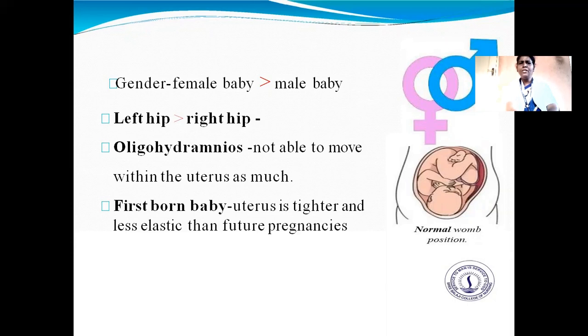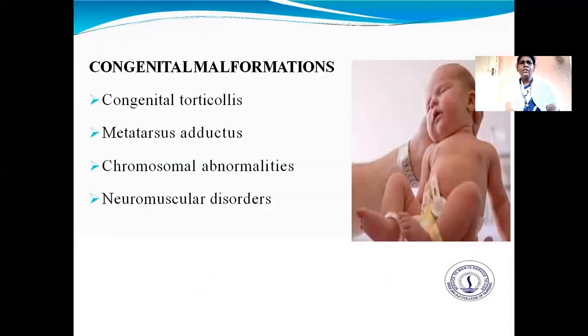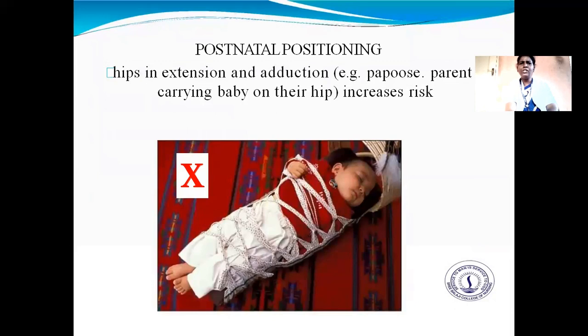Then first born baby, the uterus is tighter and less elastic than in future pregnancies. Then breech position, which can put the legs in a position that increases the risk of DDH. Then congenital malformations: congenital torticollis, metatarsus adductus, chromosomal abnormalities, and neuromuscular disorders are also risks for developmental dysplasia of hip. Then postnatal positioning also increases the chance of developmental dysplasia of hip.